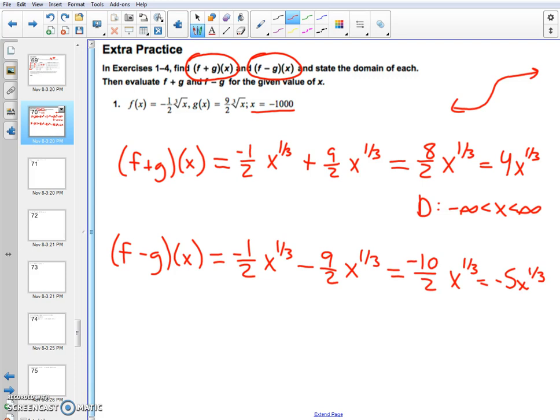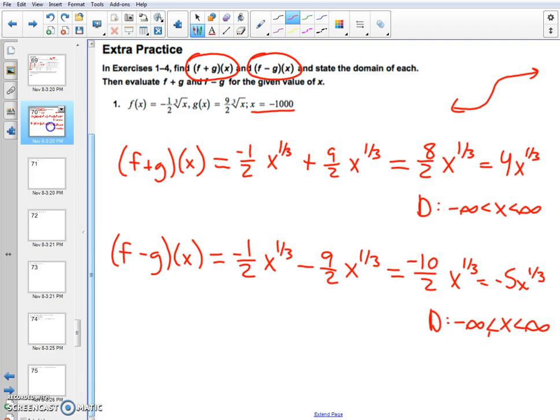Okay, same idea, I'm going to think about the domain. This is still just a cubic function. That negative 5 is just going to be a vertical stretch and a reflection, but it's still going forever left and right. So my domain is negative infinity to positive infinity.